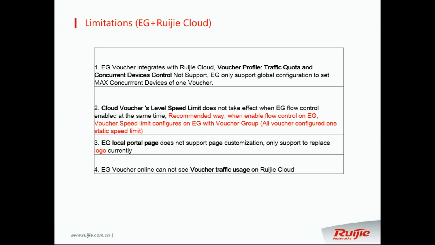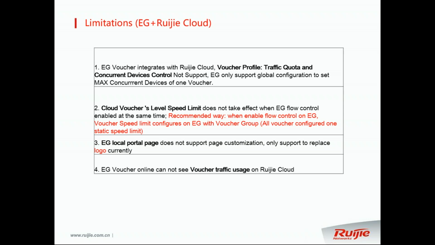Okay, and the second one, the cloud voucher speed limit. This one we already talked about. It means that it doesn't take effect when there is flow control. It means you set the speed limit on the cloud voucher, and then for the EG local you set the flow control again. So you will see there will be a conflict, because for the same user, when it synchronizes, it will have two copies of different policies.